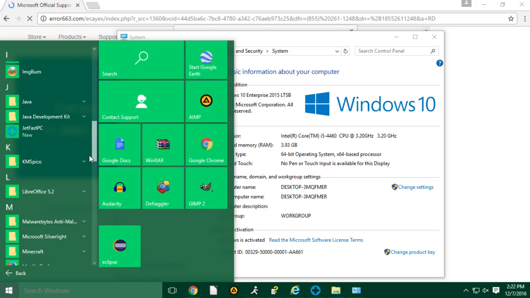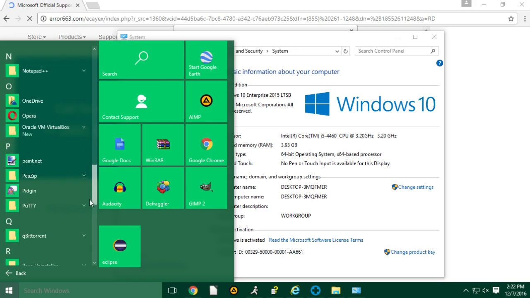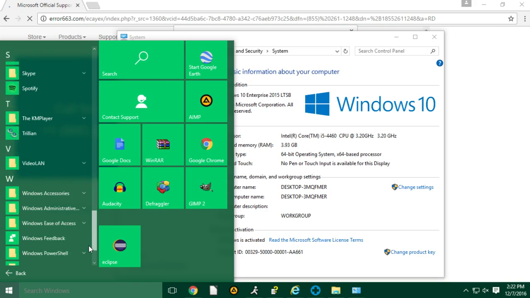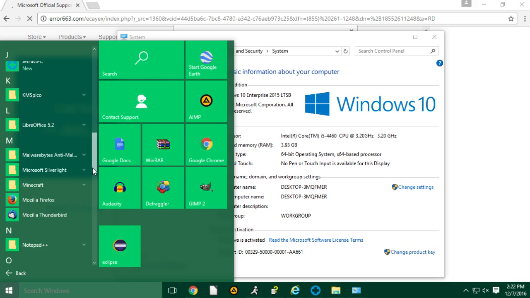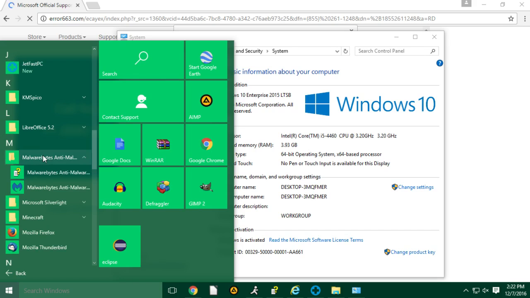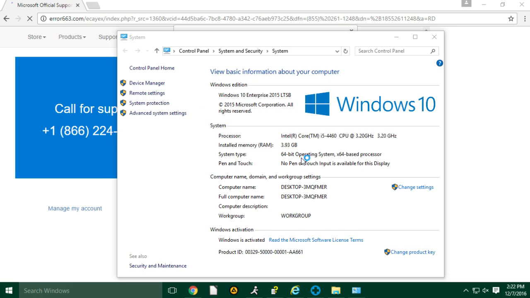And yes, guys, I know it's CCleaner, not "CC cleaner." Okay, so I see you have Malwarebytes here as well. We're just going to check it out here and make sure it's running properly.